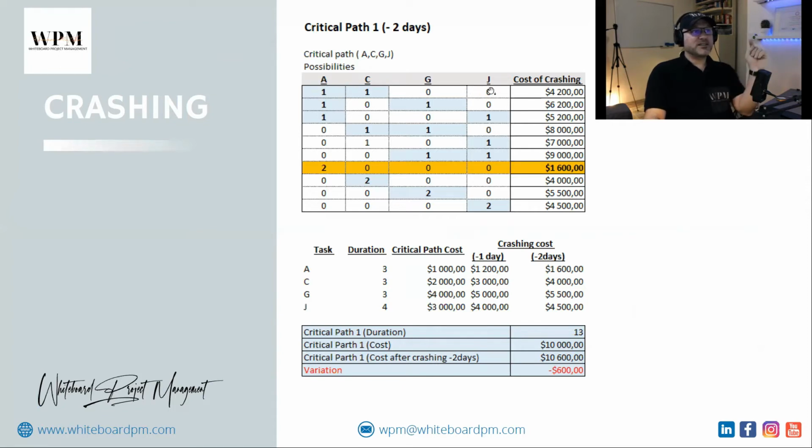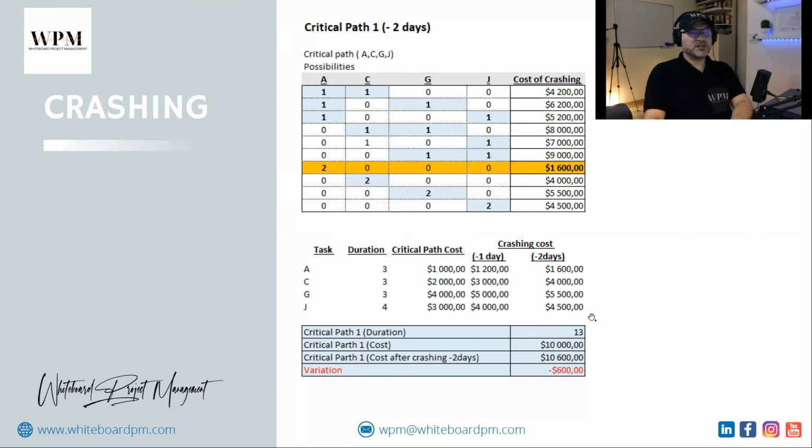You always crash by 2 days, means either I take 1 day A, 1 day C, 1 day A, 1 day G, 1 day A, 1 day J, and so on, or 2 days from one task, and that's it. Here, I have the activity duration, the critical path cost, and the cost of crashing for 1 day or for 2 days.